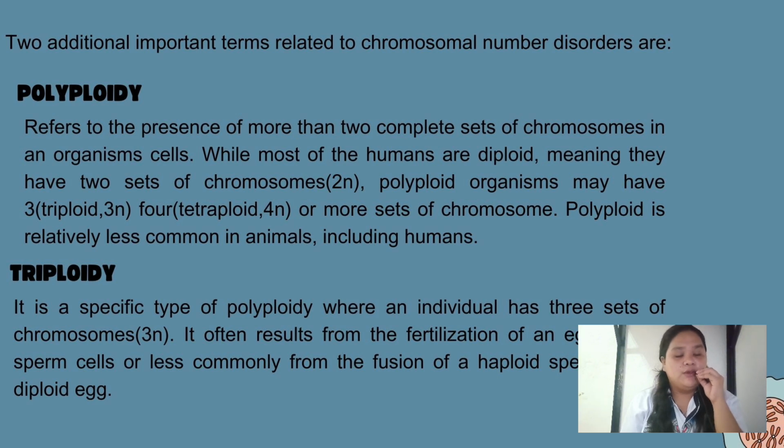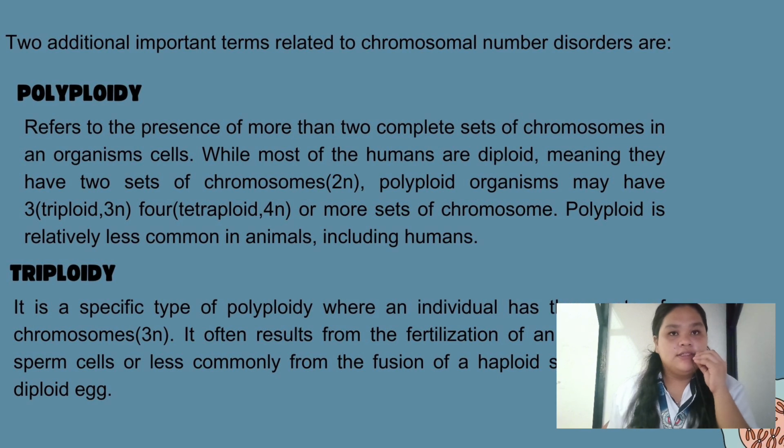While most humans are diploid, meaning they have two sets of chromosomes or tinatawag nating 2N, polyploid organisms may have 3, or tinatawag natin na triploid or 3N, 4 or tinatawag nating tetraploid or 4N, or more sets of chromosomes. Polyploidy is relatively less common in animals, including humans.